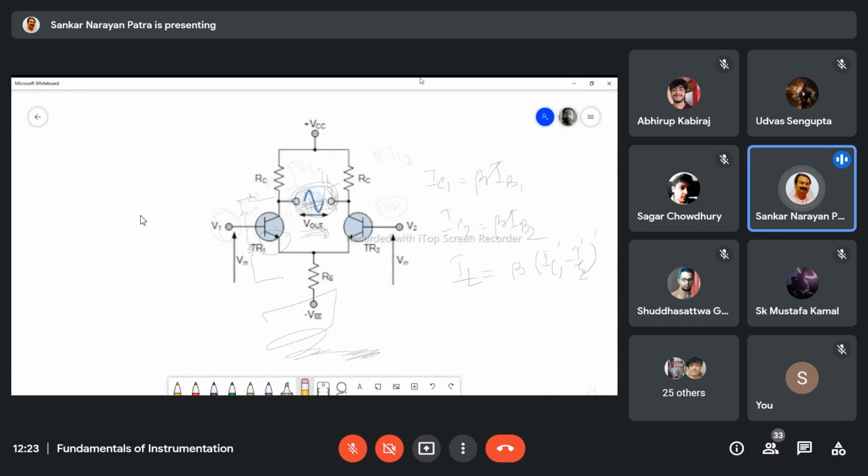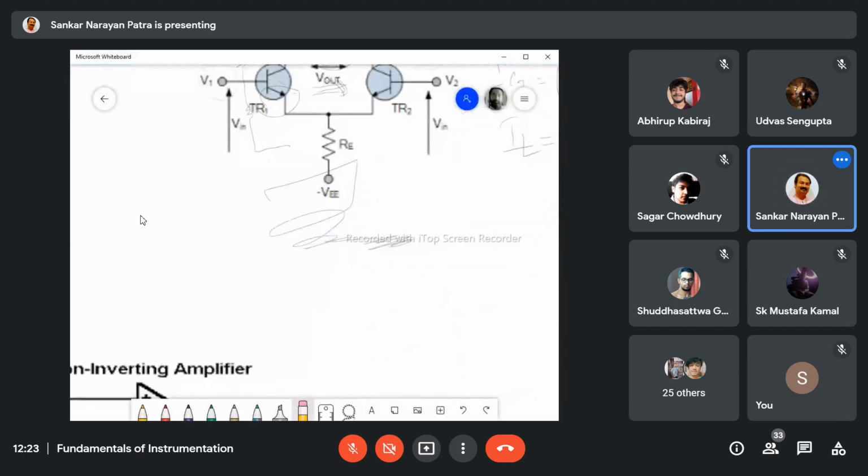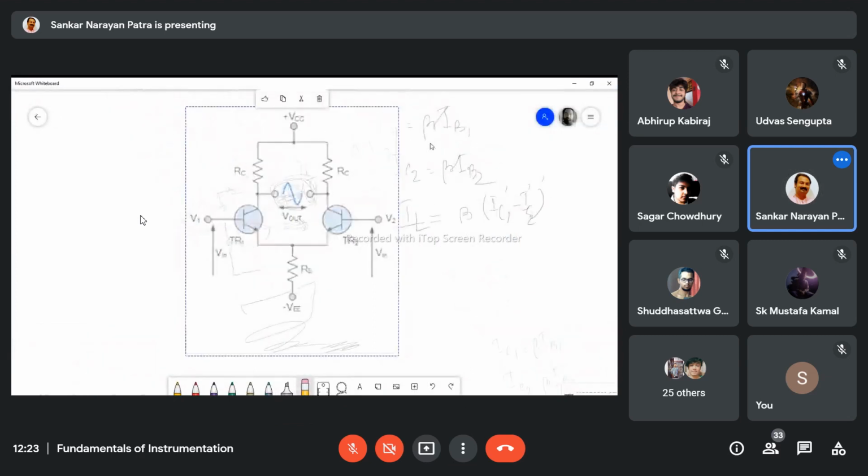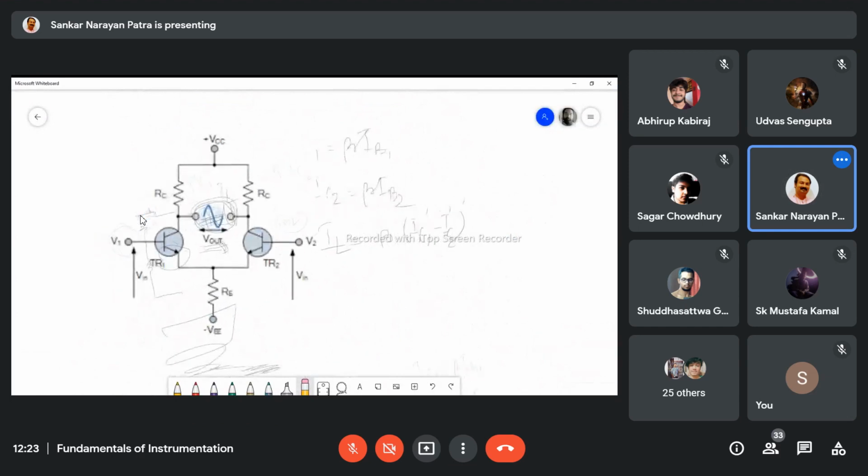This was our circuit. So look here. If we consider this is the inverting terminal, and this is the non-inverting terminal, and the output voltage V out.